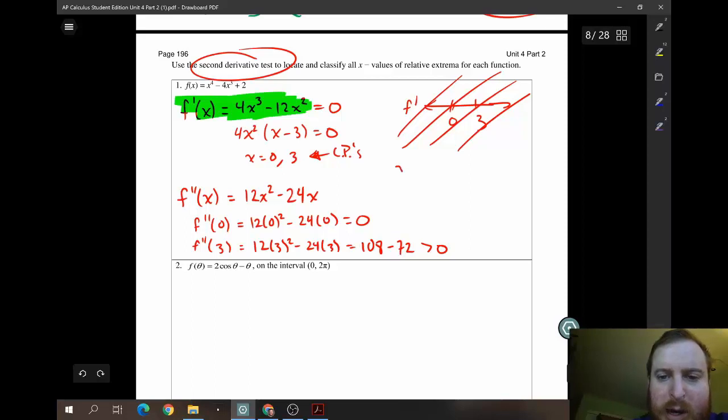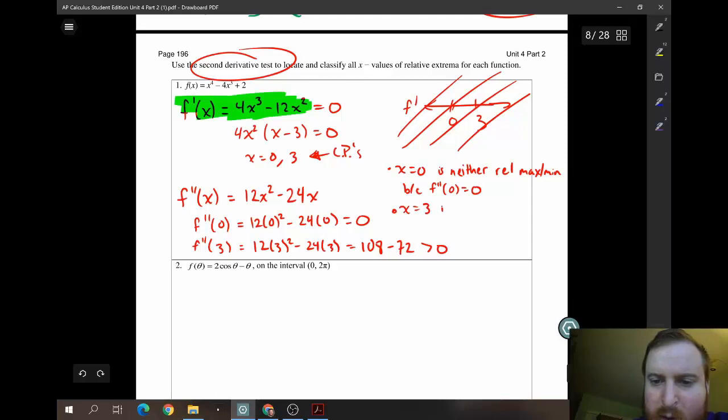And so what we would say is x equals 0 is neither a relative max or min, because f double prime of 0 equals 0. And we could say x equals 3 is, and remember, if you forget, what does greater than 0 mean on double prime?